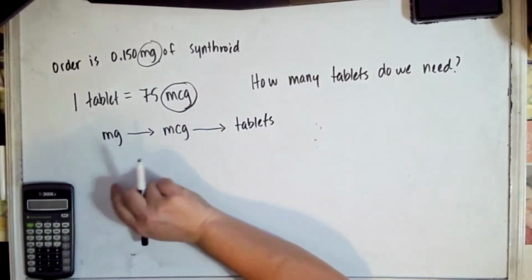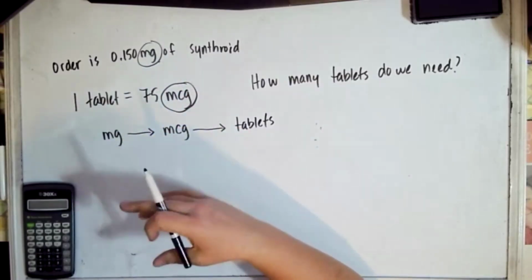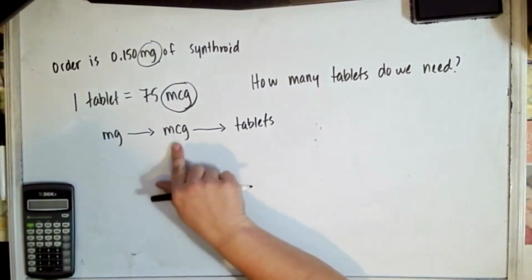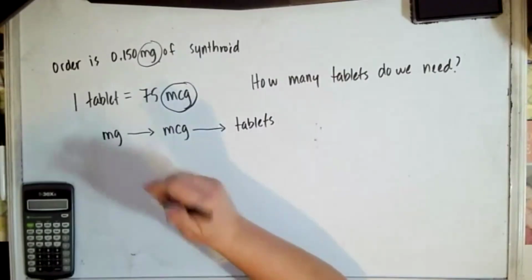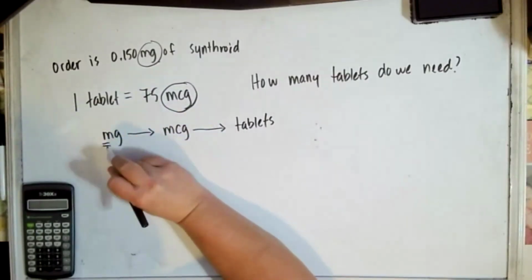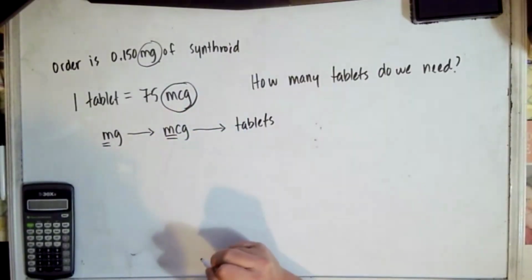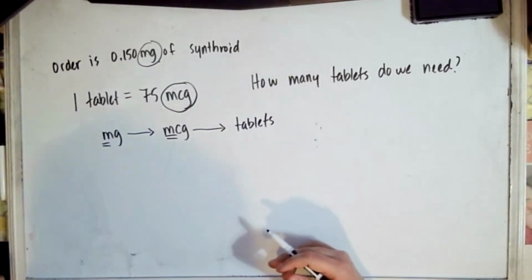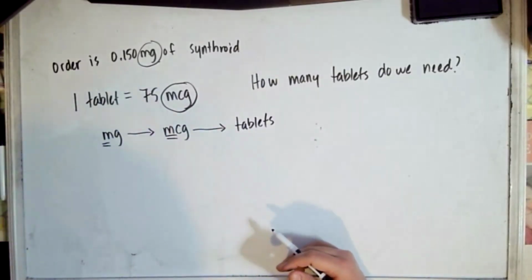And unless you're very familiar with prefixes, you might not know the conversion between milligrams and micrograms directly. Okay, and that's fine. Anytime you're trying to convert one prefix value into another prefix value, you can always do that by using your base unit. In this case, our base unit is grams.